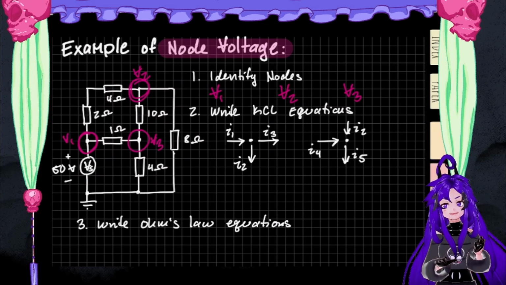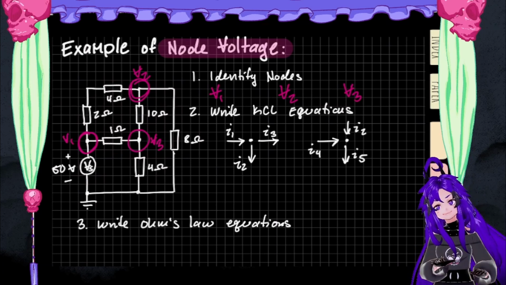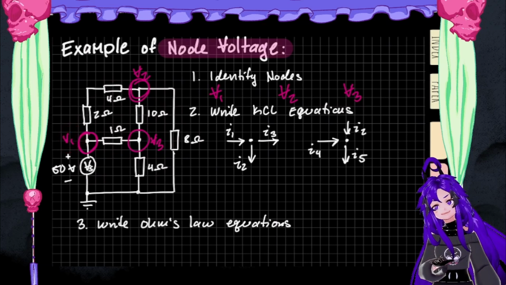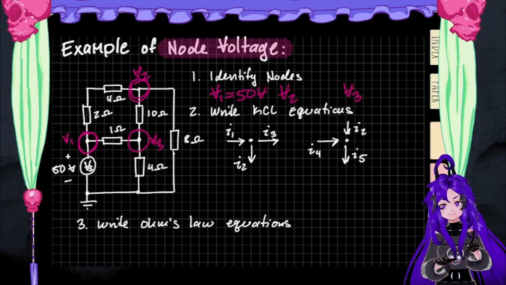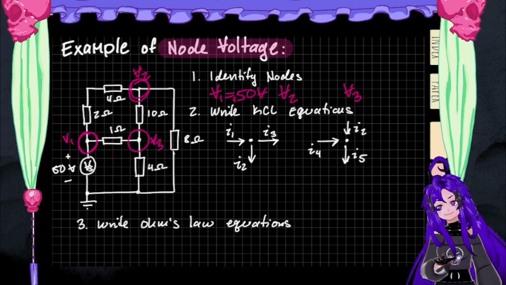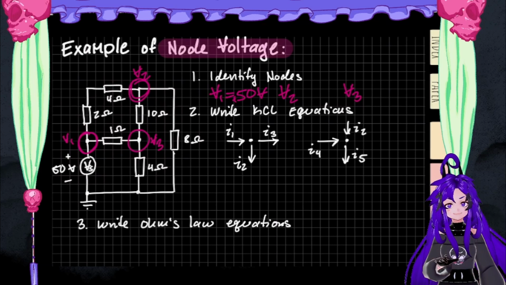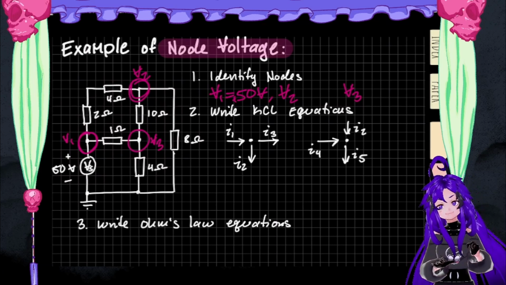And something we can know from inspection is this V1 is tied to the positive side of this 50 volt source. So we already know the value of V1. V1 is 50 volts. It's specifically positive 50 volts. And we don't really care about the ground node.